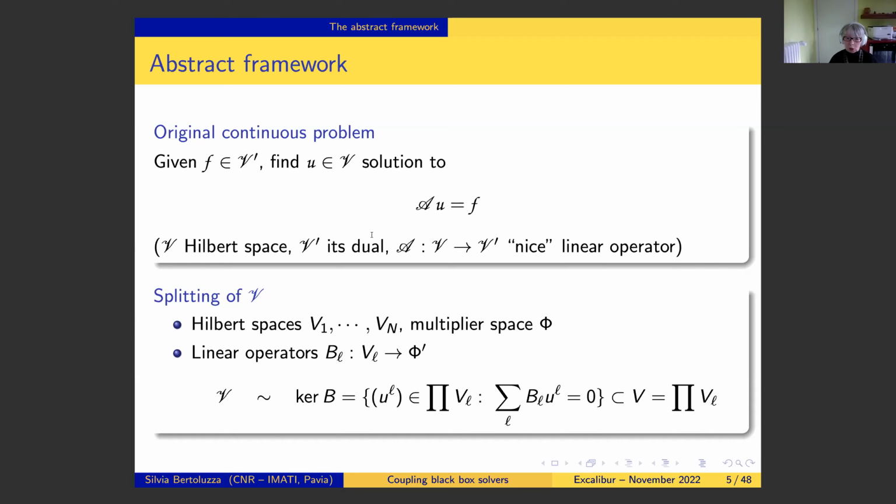And you somehow manage to have an equivalent representation of your space V as the product of Hilbert spaces, subject to a coupling condition.